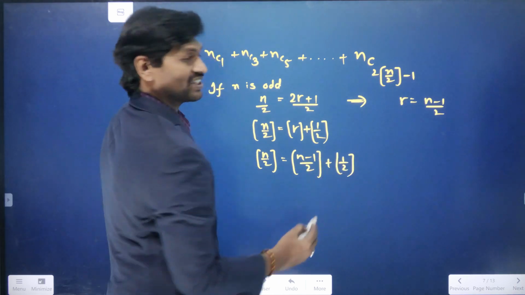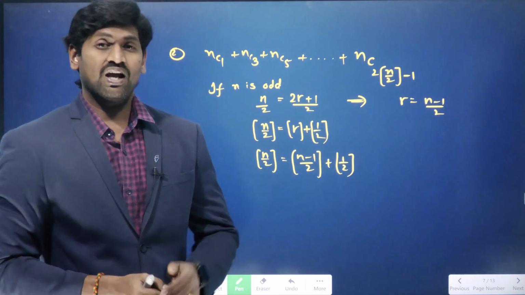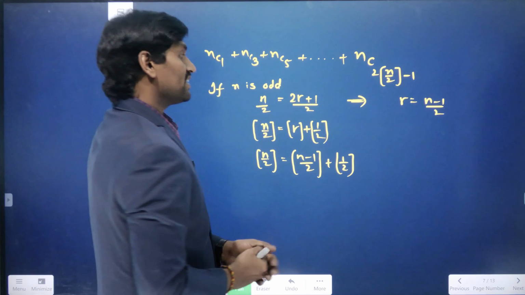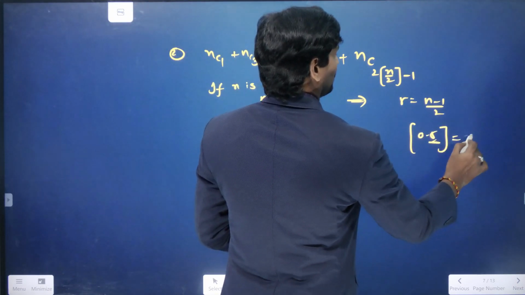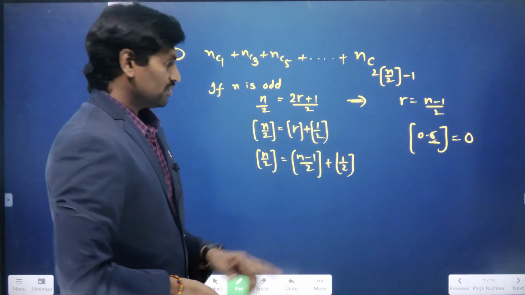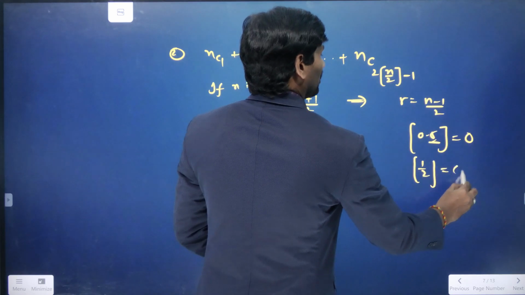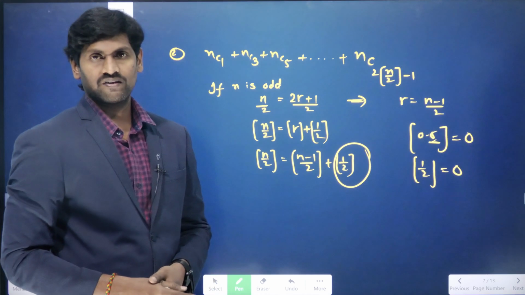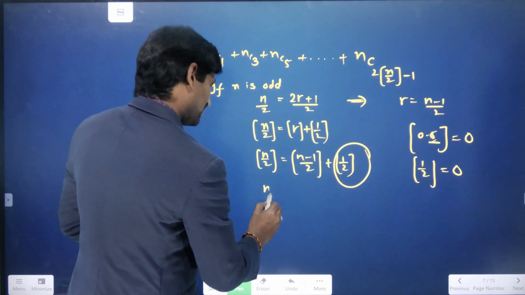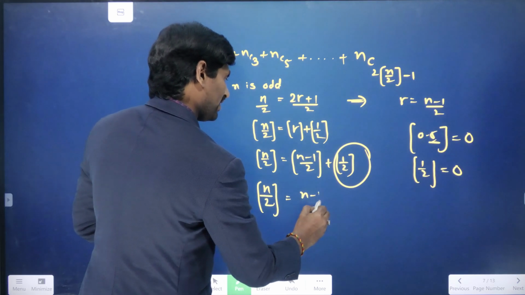Now 1 by 2 lies between 0 and 1 because it is a proper fraction, and we know already the greatest integer function of 0.5 or 0 point something is equal to 0 only. So greatest integer of 1 by 2 equals 0. So in that place we can write 0. Finished. Then greatest integer of n by 2 is equal to n minus 1 by 2.